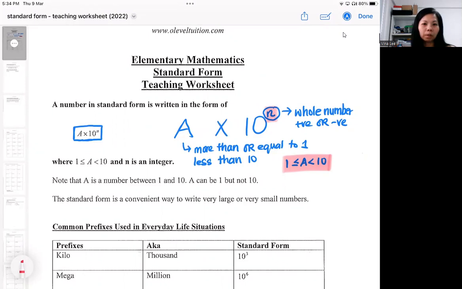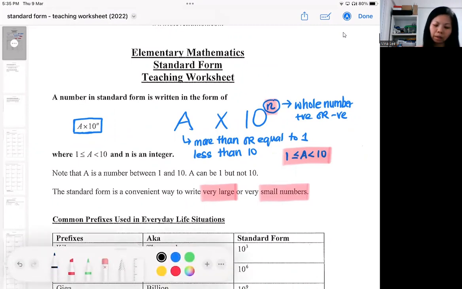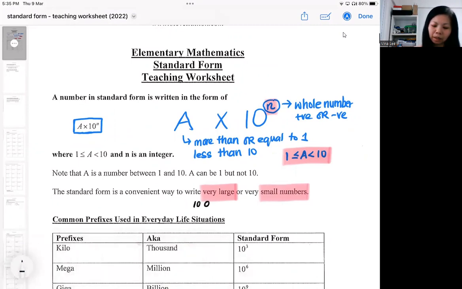Okay, so why do we want to use standard form? When we have very large numbers or very small numbers, it'll be very useful. Very large numbers refer to numbers like maybe 10 million, with a lot of zeros, so we can express them in standard form. Very, very small numbers will be something like 0.00014.